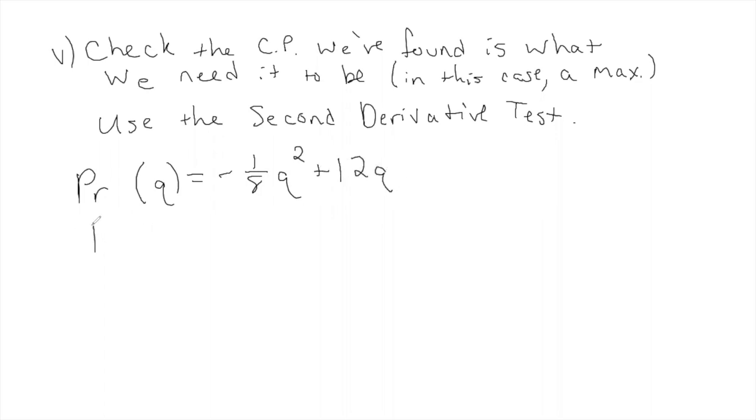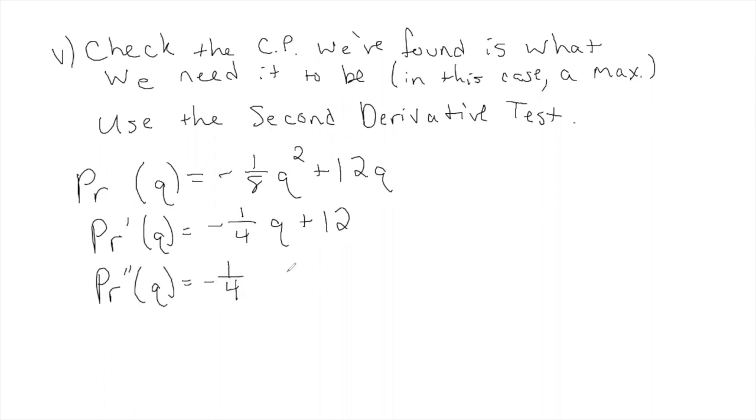Of course, the first derivative we've found already. This is just -1/4 q plus 12. So that means that the second derivative is just -1/4. Now the question is, is this greater than or less than 0? And it's pretty obviously less than 0 for all q.